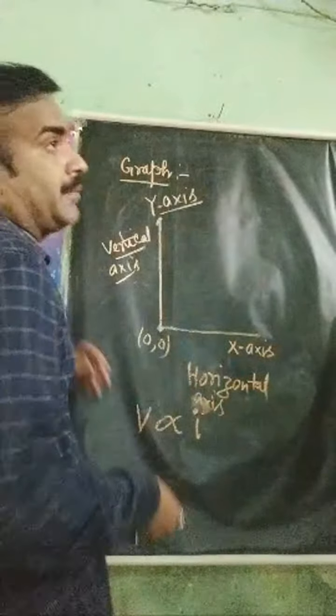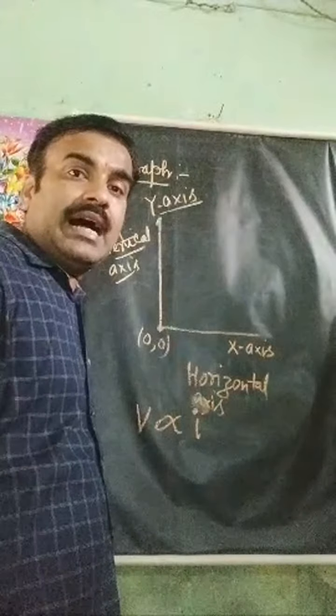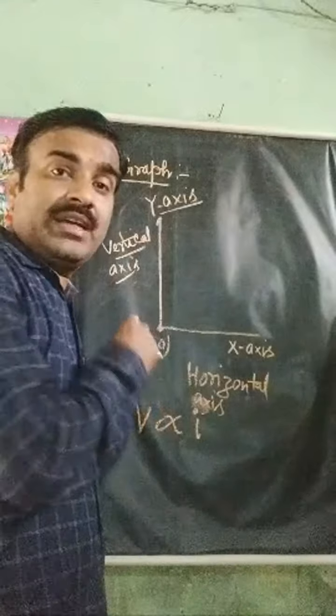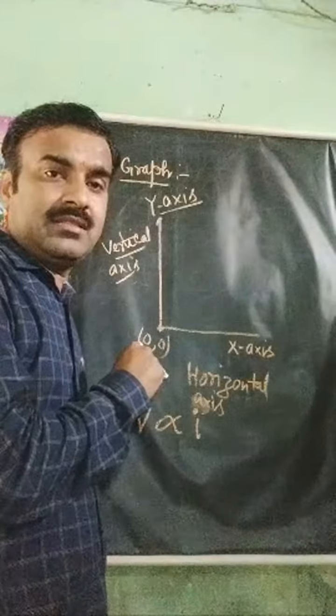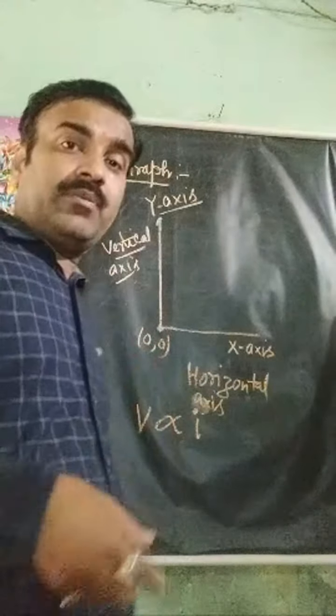Try to understand the graph very properly, because if you do not know it, it will not be good for you during practicals, as well as in higher classes when you draw graphs. If you know from the very beginning how to draw the graph and which variable goes on which axis, it will be quite helpful in higher classes also.